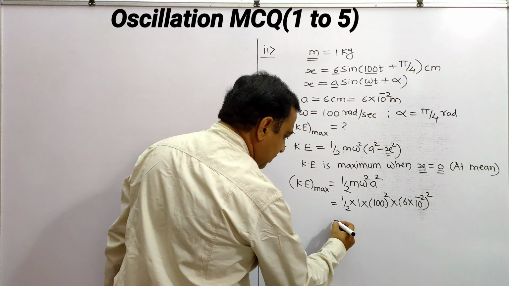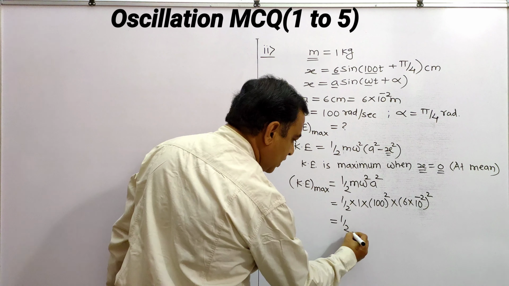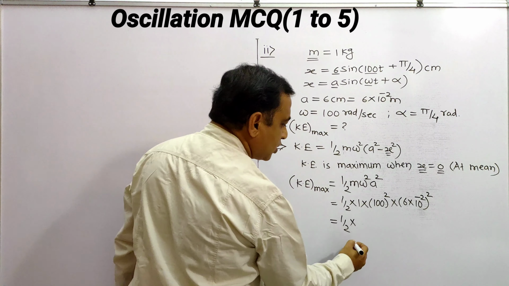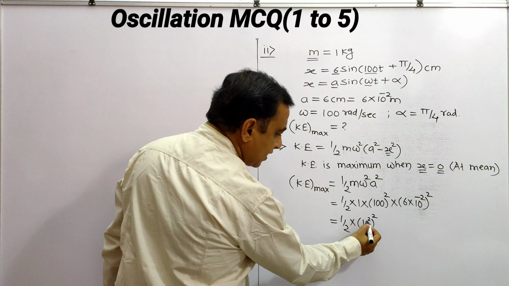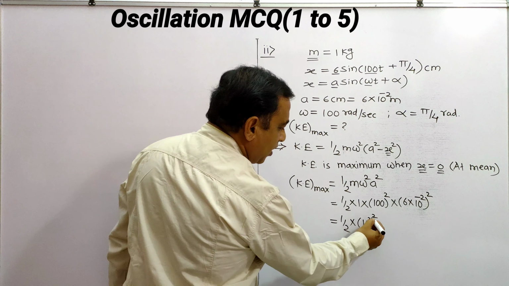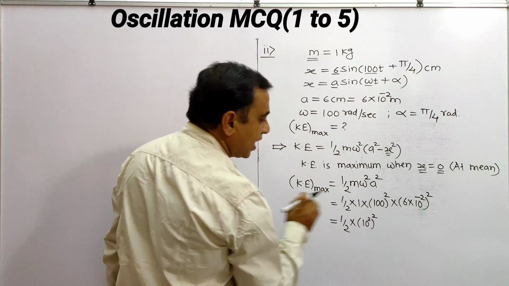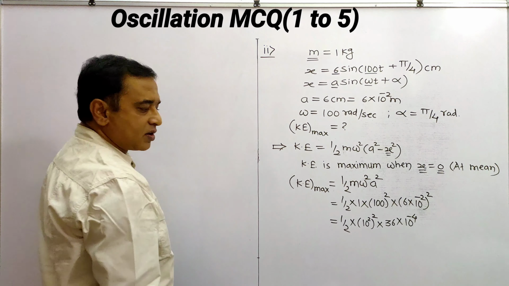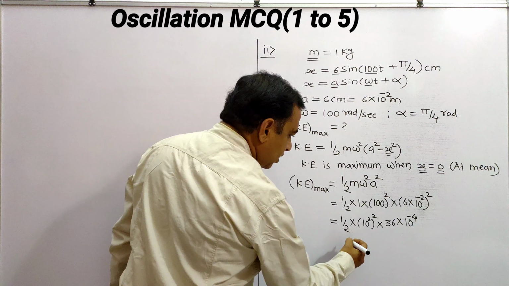Solving this step by step, 1 by 2 into 100, I am going to write as 10 raised to power 2 whole square, because I write 100 as 10 raised to power 2. Power to the power means it gets multiplied. Here also we have the square. Square of 6 is 36 into 10 raised to power minus 4 after squaring.